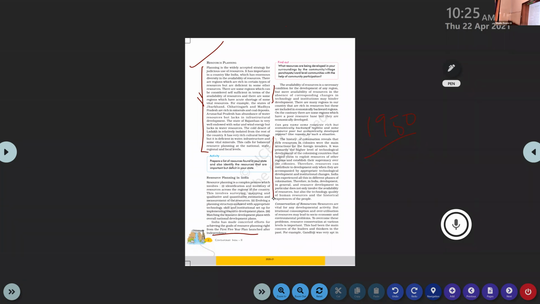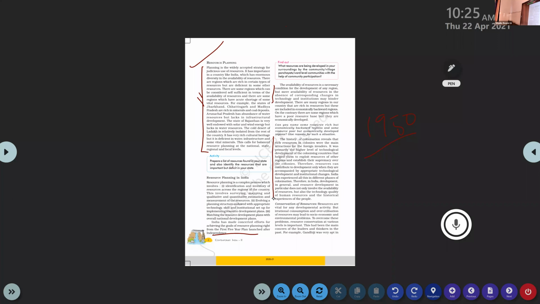Can you repeat the first question? First question: what is resource planning? Write a short note on resource planning. The answers are already marked in the textbook, check it.